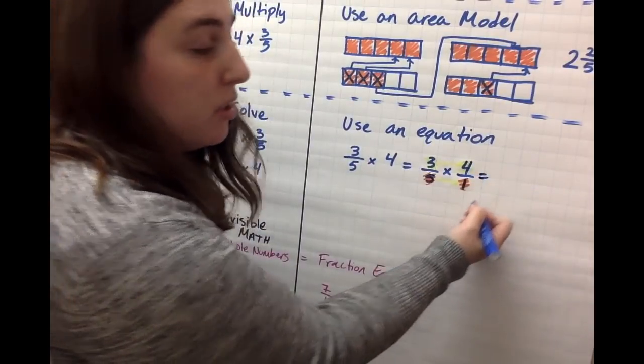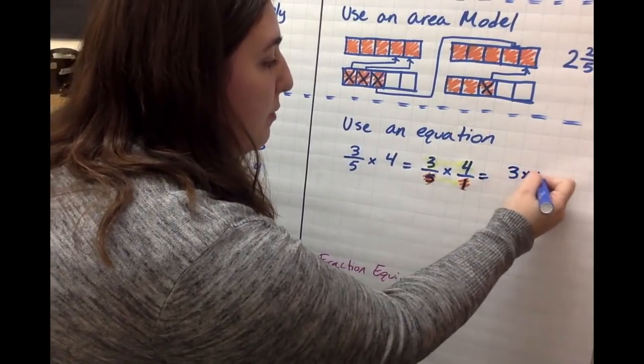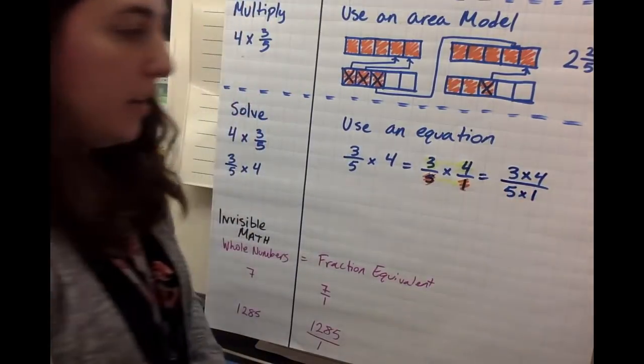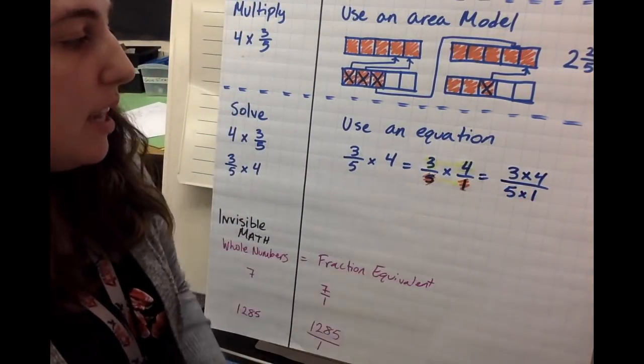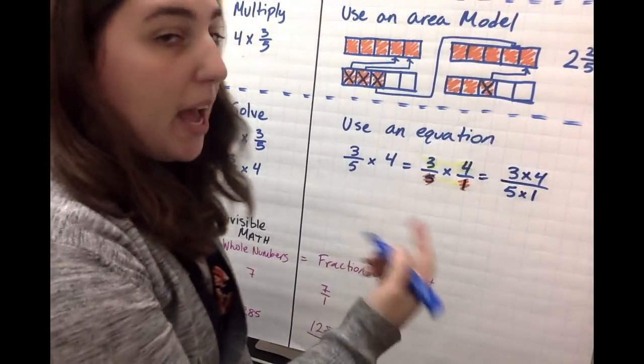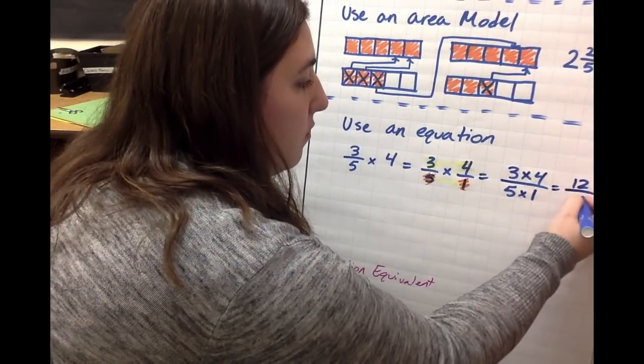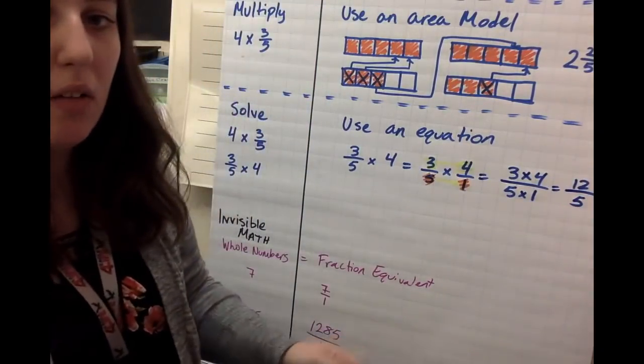And I can change how this looks again. So I'm going to have 3 times 4 over 5 times 1. Okay, that's the same thing. Now I'm going to actually multiply them. So I'm going to have 12/5.